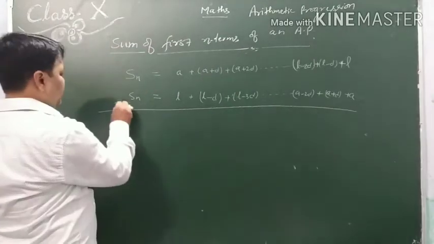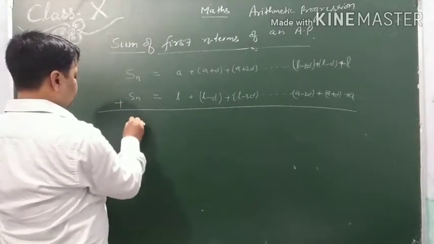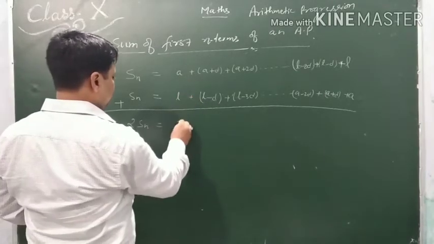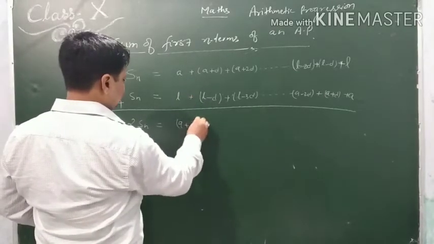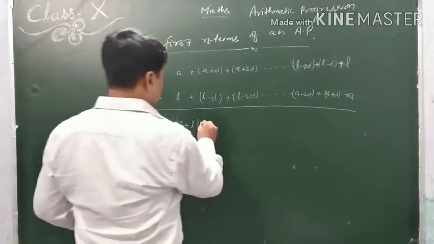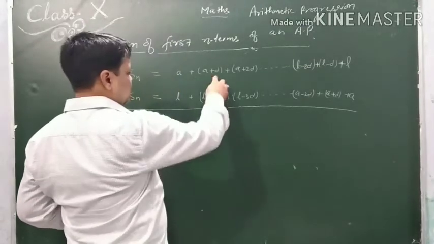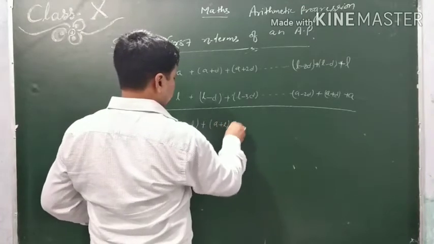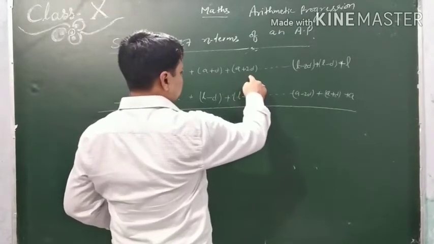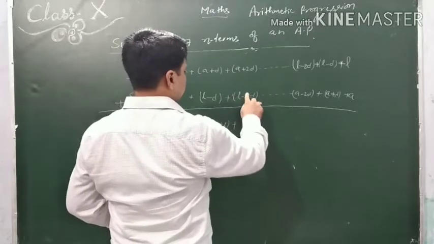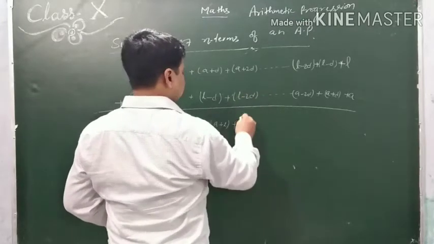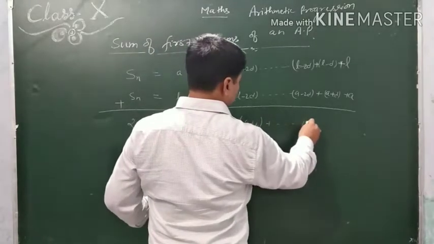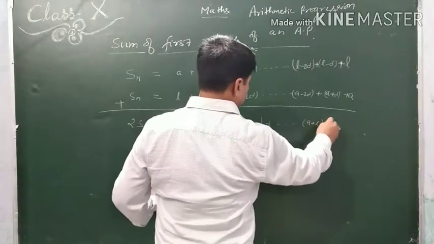If we add, then Sn and Sn, it will be 2Sn is equal to a plus L. Again, if we add here, then d and d will be cancelled, and again we have a plus L. Here 2d and here 2d cancel, and it will be a plus L. It means in each case we find a plus L only.